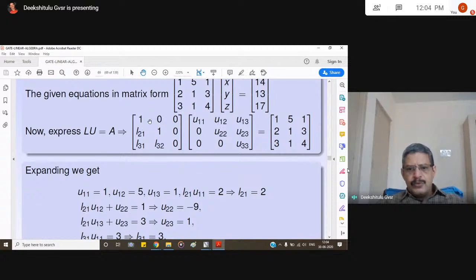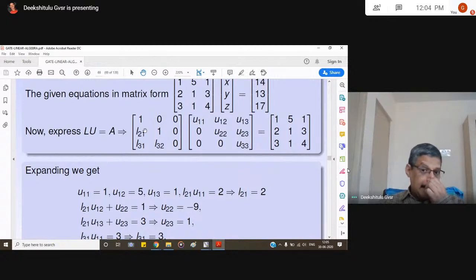So 1 into U12 is equal to the corresponding element 5. So U12 is 5. It appears to be a very big process, but you can do the problem very easily. Then multiply the first row with the third column, 1 into U13 plus 0 plus 0. So what is U13? U11, U12, U13, these three are known.